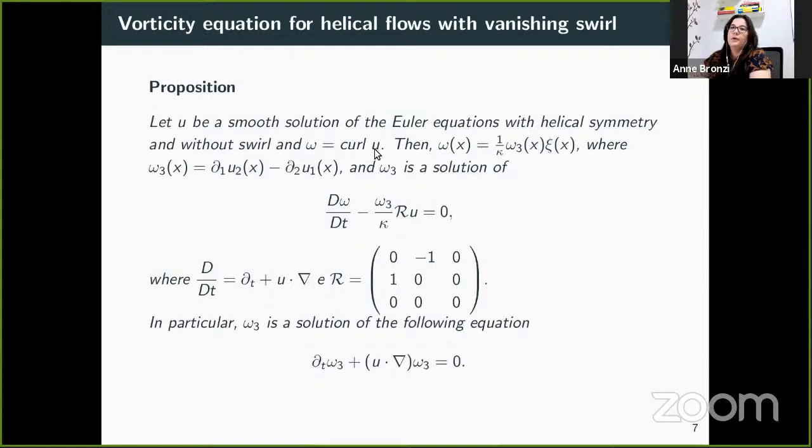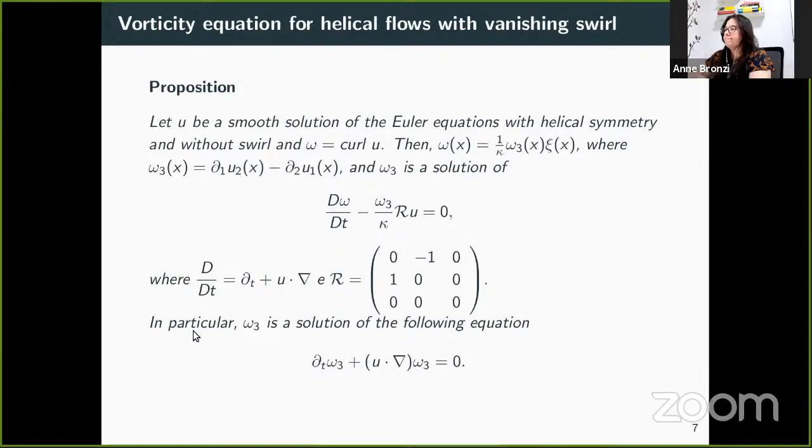The vorticity is the curl of u, but due to this symmetry, omega is given by the third component of the vorticity in this direction, which is the direction tangent to the helix. And the vorticity equation, the stretching term, due to the symmetry, has this form, given by this matrix applied to u and the third component.